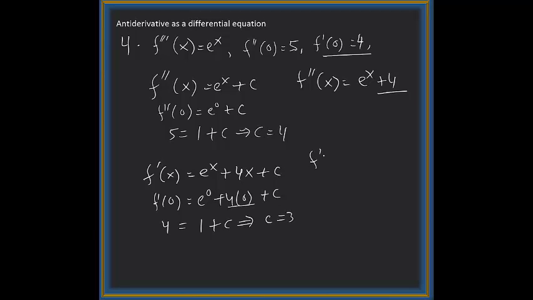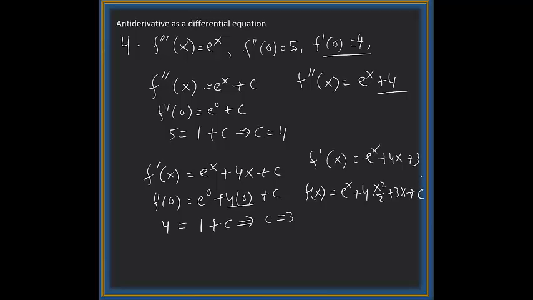So we got our f prime of x as e to the x plus 4x plus 3. Now when you take again the antiderivative, we get f of x, which is e to the x plus 4x squared over 2 plus 3x plus another integral constant.